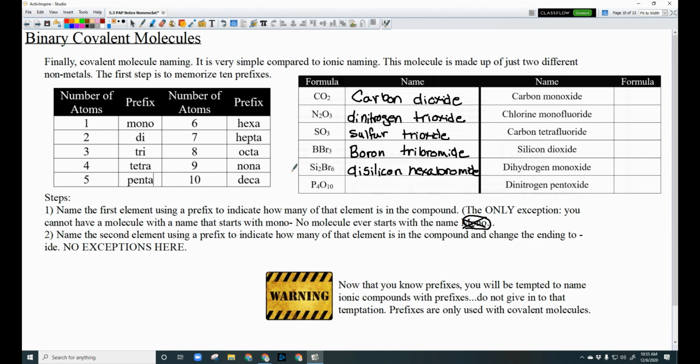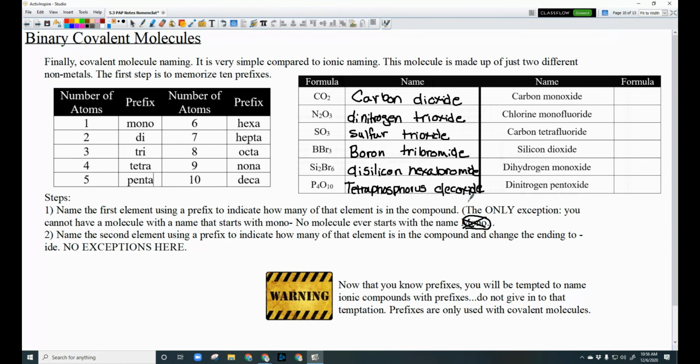Okay. And 4 phosphorus, so 4 is tetra, so this is tetraphosphorus. 10 deca oxygen oxide.